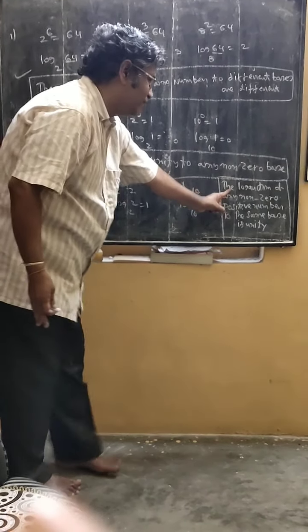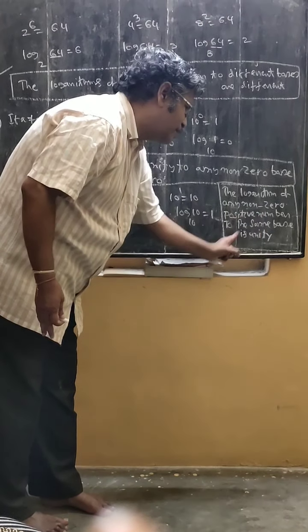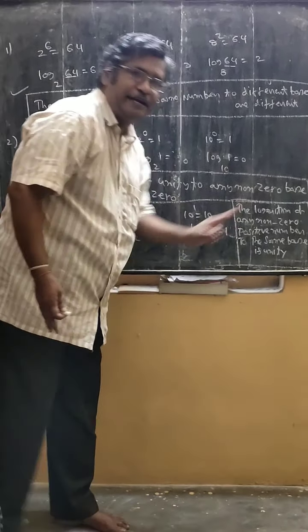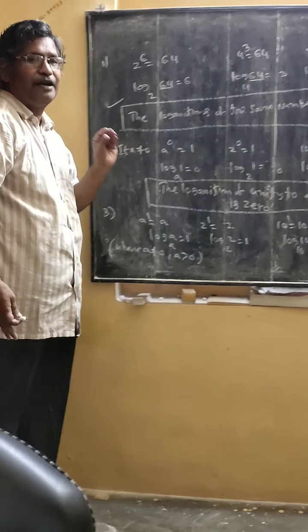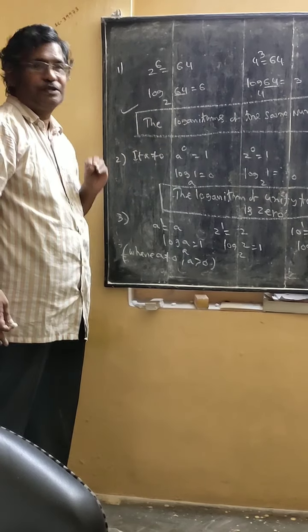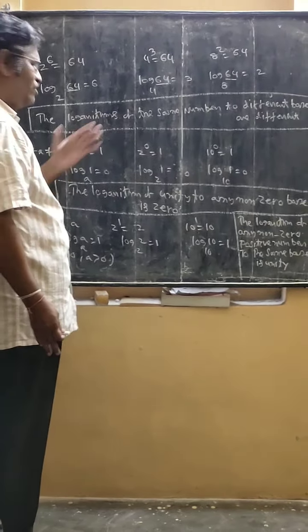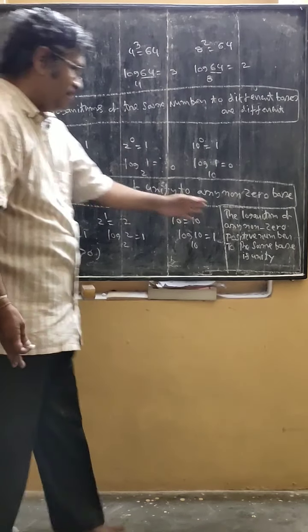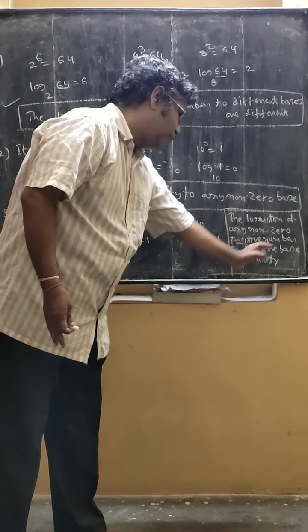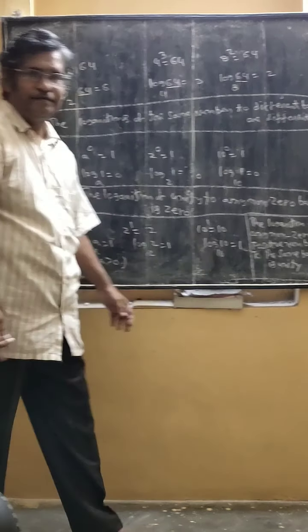So you write this as: the logarithm of any non-zero positive number to the same base is unity. These are very, very important rules while doing problems on logarithms. First one, the logarithms of the same number to different bases are different. The logarithm of unity to any non-zero base is 0. And the last one is the logarithm of any non-zero positive number to the same base is unity.